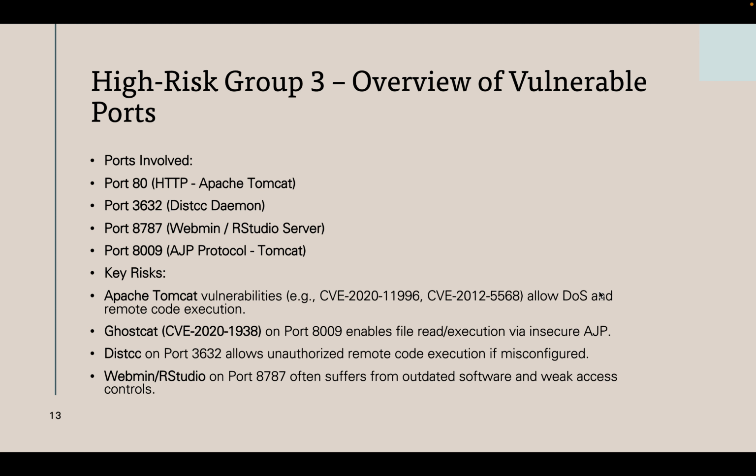Ghostcat on port 8009 enables file read and execution via an insecure connector. And then port 3632 allows unauthorized remote code execution if misconfigured. And then Webmin on port 8787 often suffers from outdated software and weak access controls.